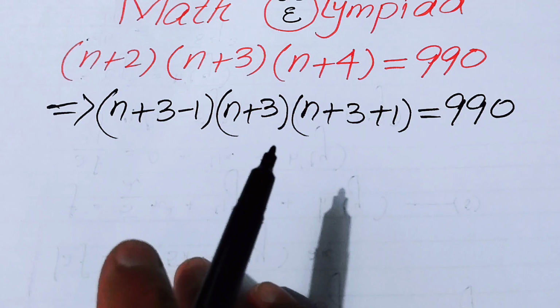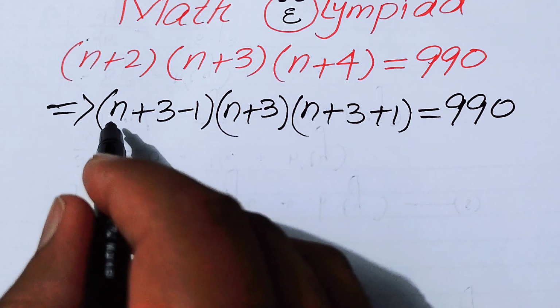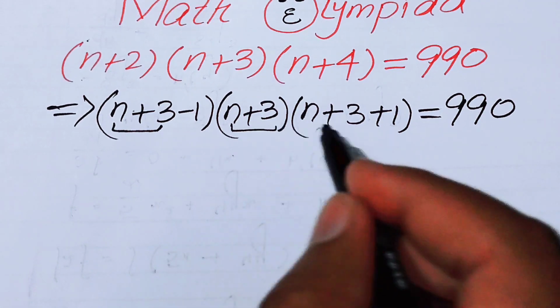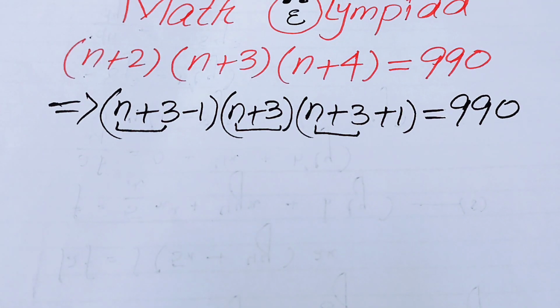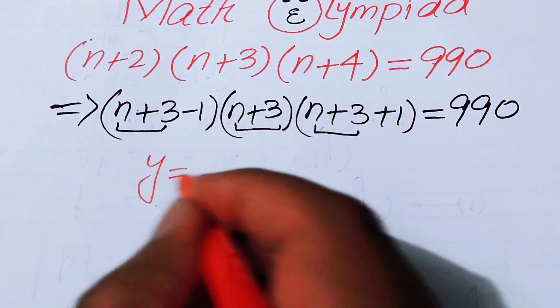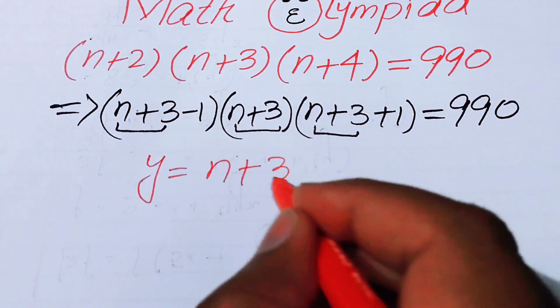After this step, you can see we will make the common term in all the factors, which is n + 3, so we put n + 3 = y. So y = n + 3.